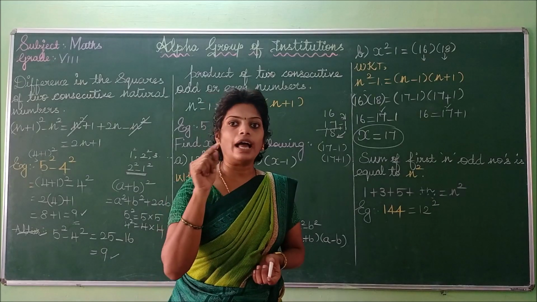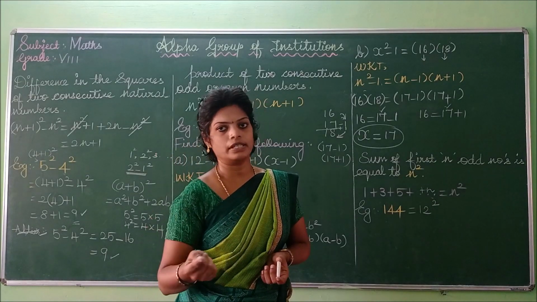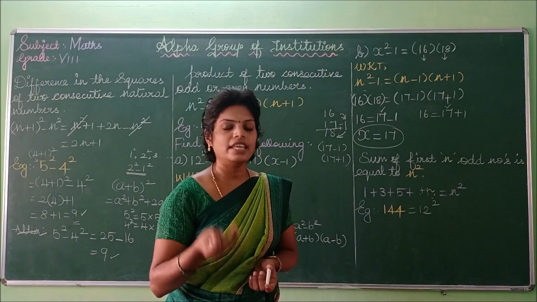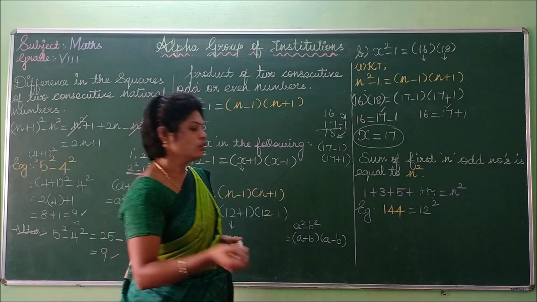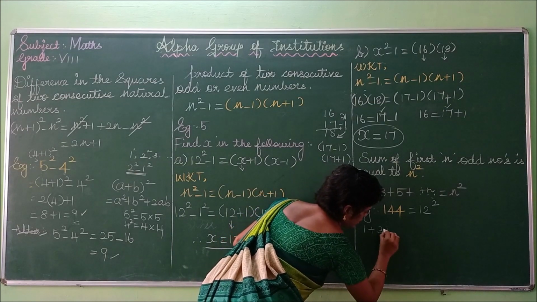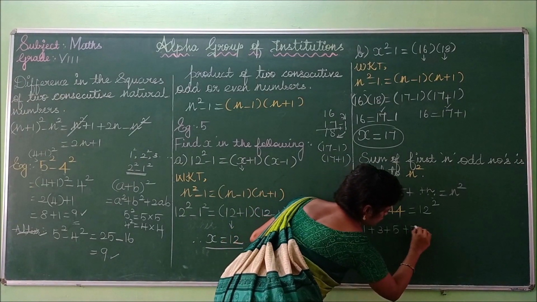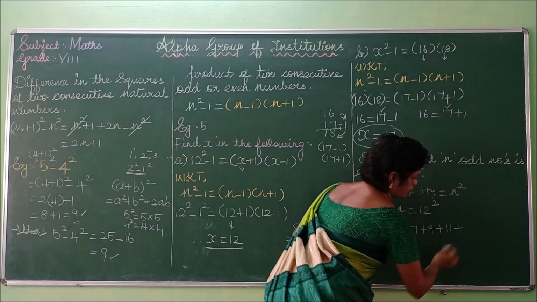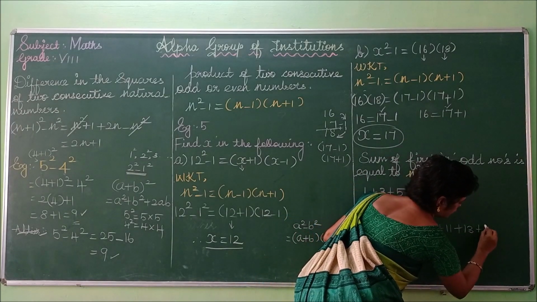That means you have to add 12 odd numbers. What are the odd numbers? 1, 3, 5, 7, 9. So now I am going to write 1, 3, 5, 7, 9, 11, 13, 15.